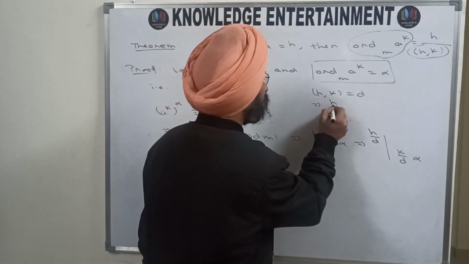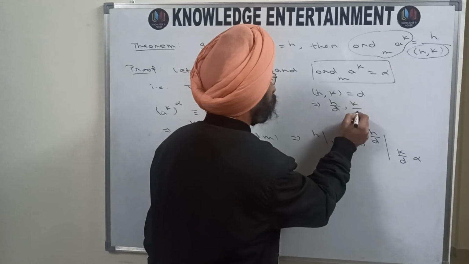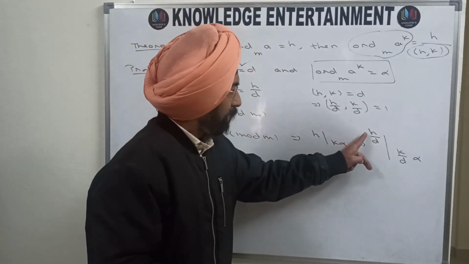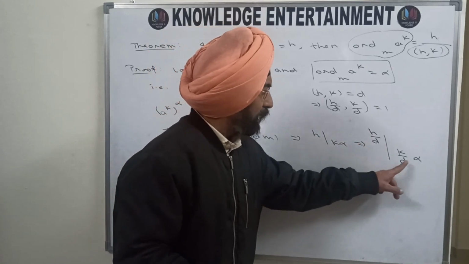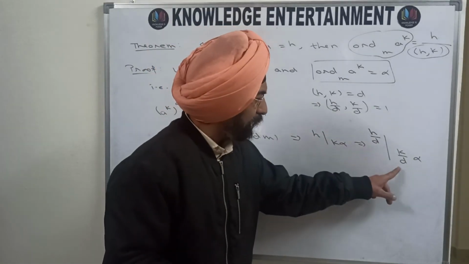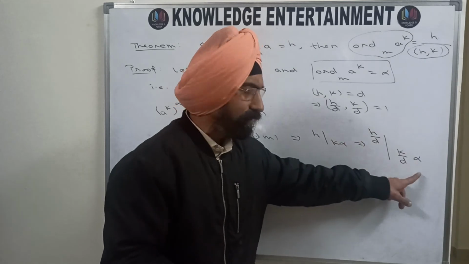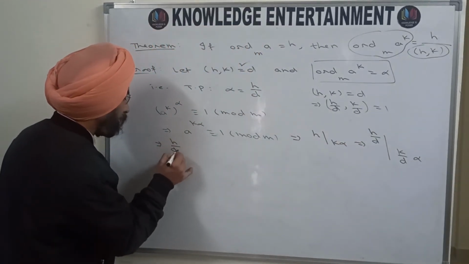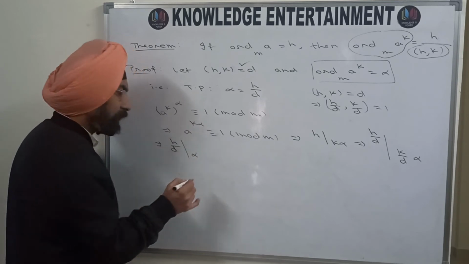So that means GCD of H by D and K by D is 1. H by D divides K by D alpha, but GCD of H by D and K by D is 1. So that means H by D divides alpha.